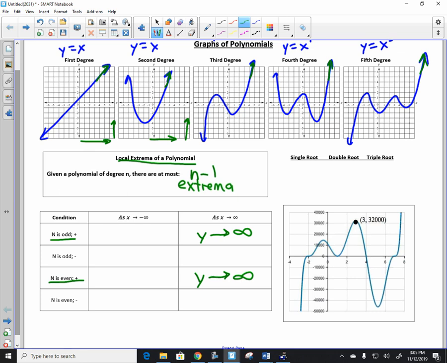Now, look at the even functions. So look at the fourth degree. It starts up and it ends up. The second degree, it starts up and it ends up. Well, if they're even, they start and end in the same direction. So if n is even and it's positive, then as x goes to negative infinity, y goes to positive infinity.